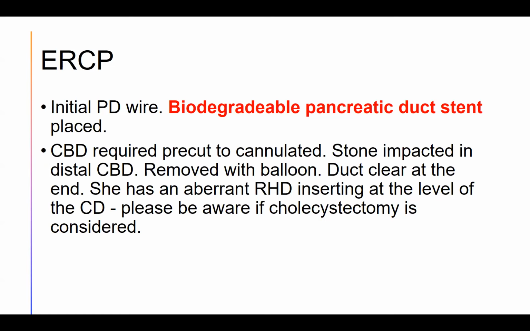So we've now got access to these biodegradable stents. I placed one of those for the patient, and that dissolves over about 9 days. We then went on and did the rest of the procedure, accessed the common bile duct and removed the small stone with the balloon. And then I just commented that her right hepatic duct inserted in a funny place, which is important for the surgeons to know if they're going to operate.